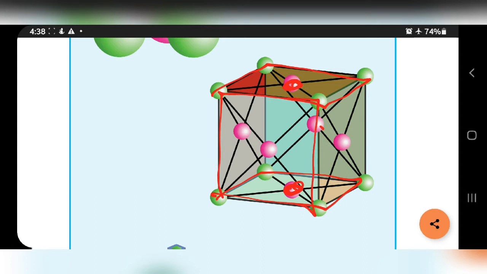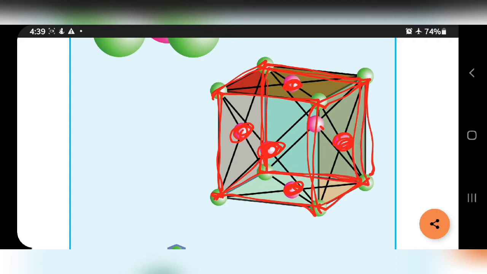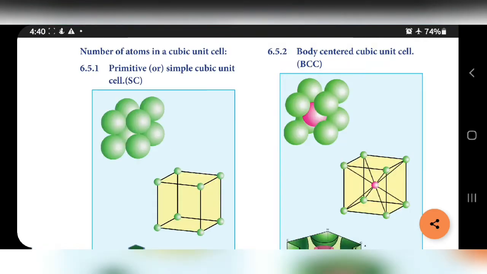In this face, this is the center. Here, this is the center. In this face, this is the center, and on the back side of that cube, in this square, this is the face. Totally how many faces are there? 1, 2, 3, 4, 5 and 6. Totally 6 faces are there.